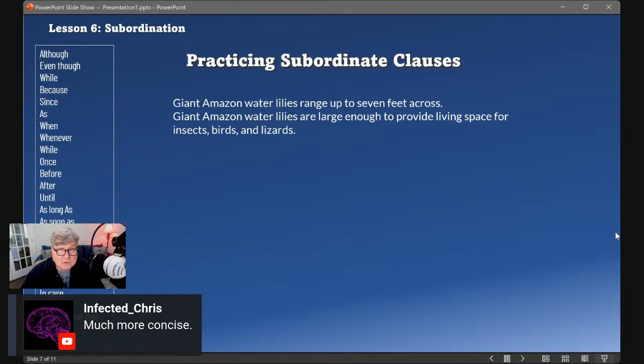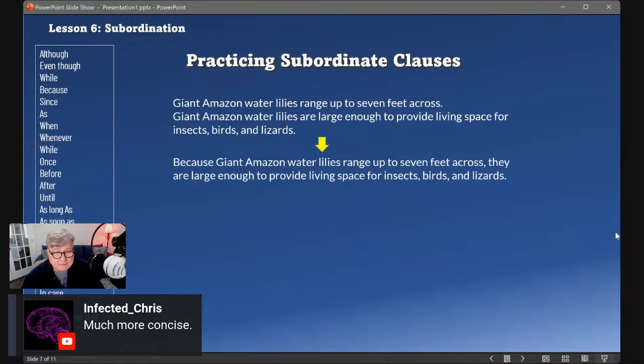So you look over to the list on the left and you find one that will help you say what you want to say. Where do you want to place the emphasis? Do you want to place the emphasis on the largeness of giant water lilies? Or do you want to place the emphasis on the fact that insects, birds, and lizards actually live inside of these plants?